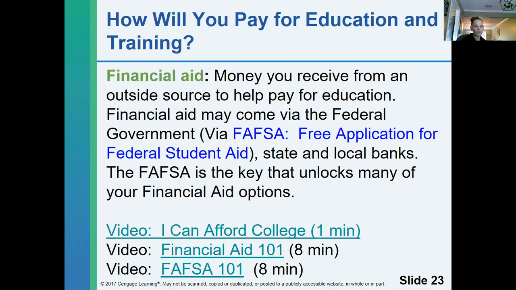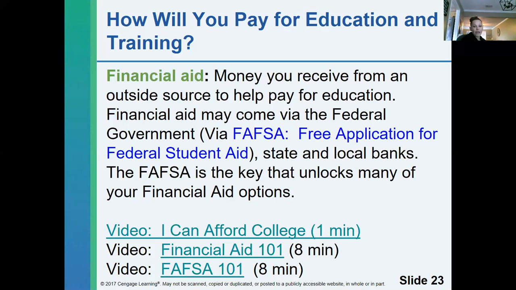Okay, real quick. Financial aid. How will you pay for your education and training? Those vocational and trade schools still have to be paid for. Financial aid is money you receive from an outside source to help pay for education.